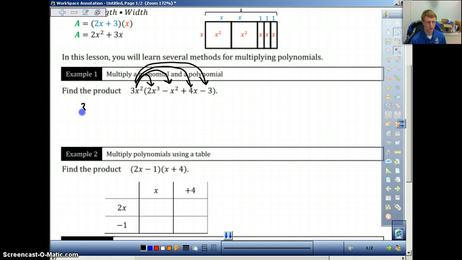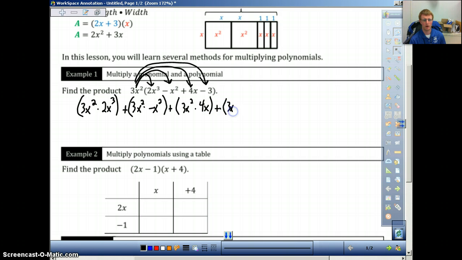This will be 3x squared times 2x to the third, and then plus 3x squared times negative x squared, plus 3x squared times 4x, plus 3x squared times a negative 3.